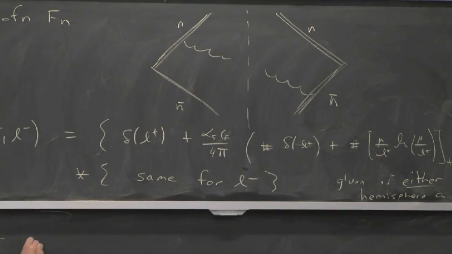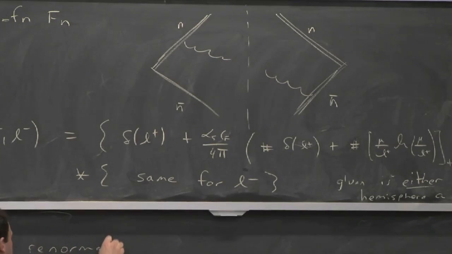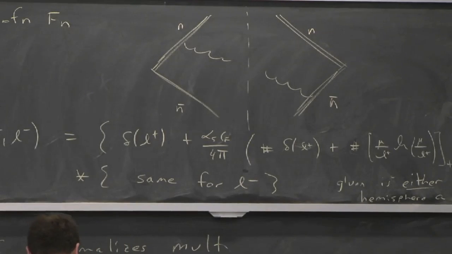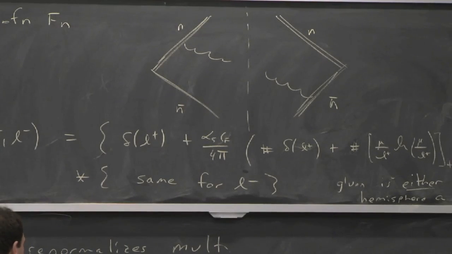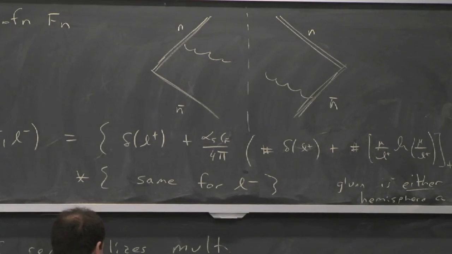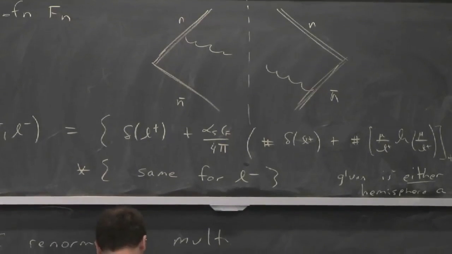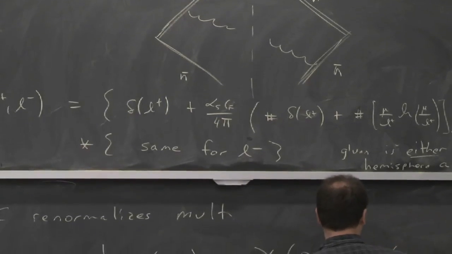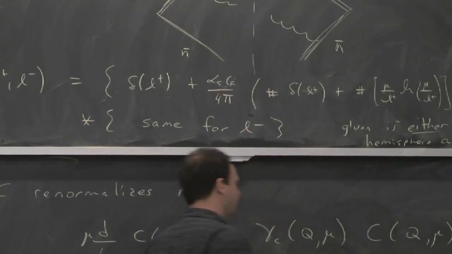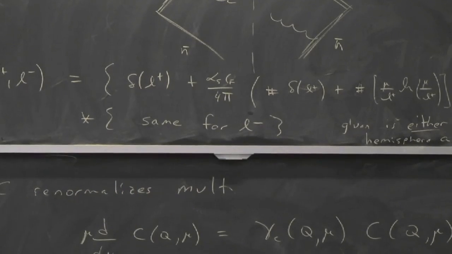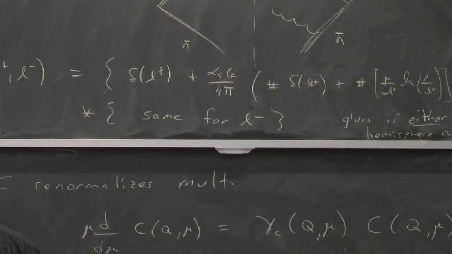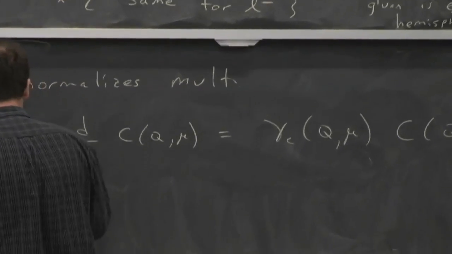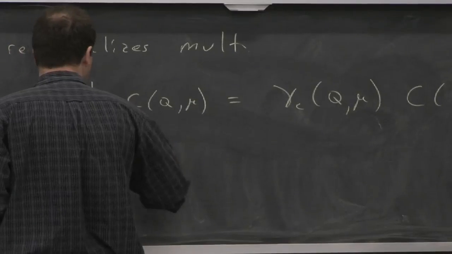C, if you talk about renormalization, C renormalizes multiplicatively. And so the renormalization group equation for C is just like the one we had before for beta S gamma. There's no integrals. And that again came about from the kinematics fixing the variables. But the jet function and the soft function have convolutions.